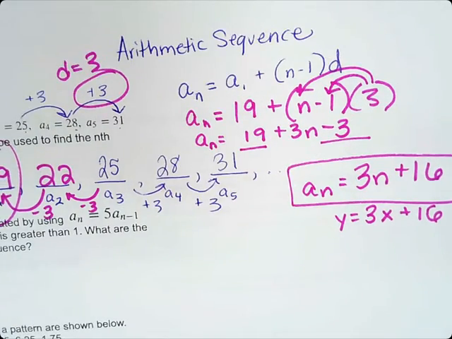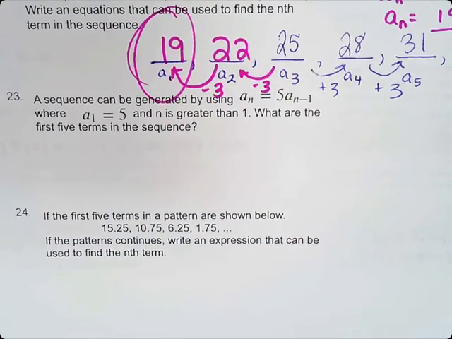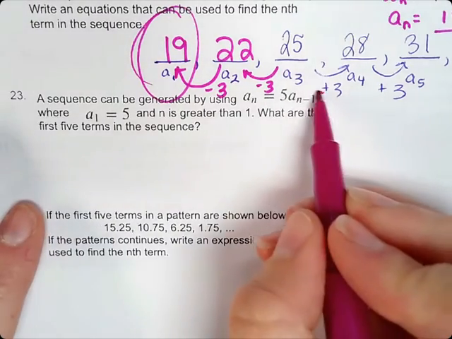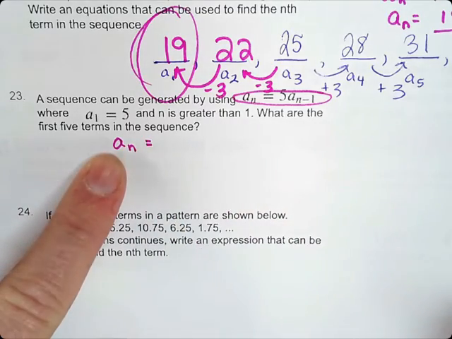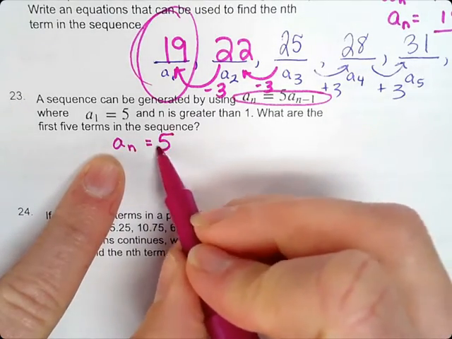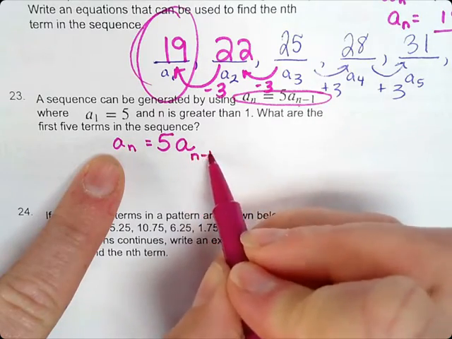So whenever you look at number 23, it says a sequence can be generated using An equals 5 A sub n minus 1, where A1 is 5 and n is greater than 1. What are the first 5 terms of the sequence? So this is our rule. An, so n is a subscript, 5 is regular, A is regular, and then n minus 1 is a subscript.